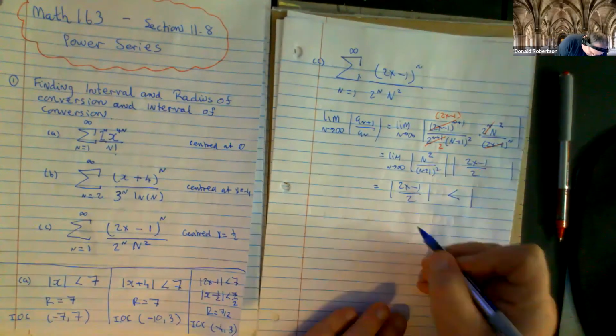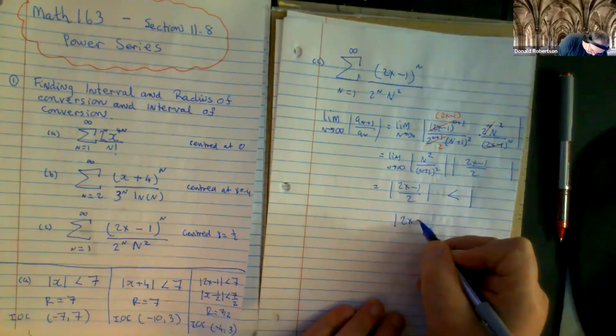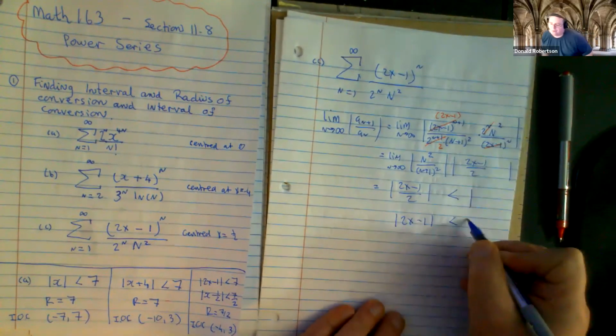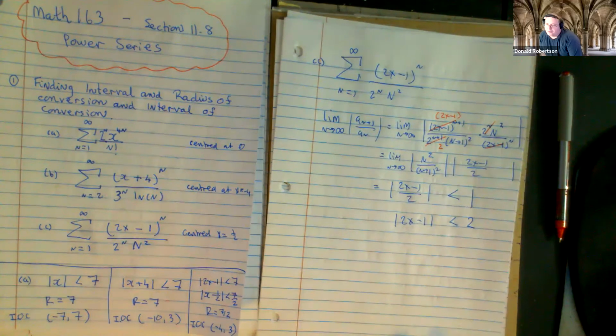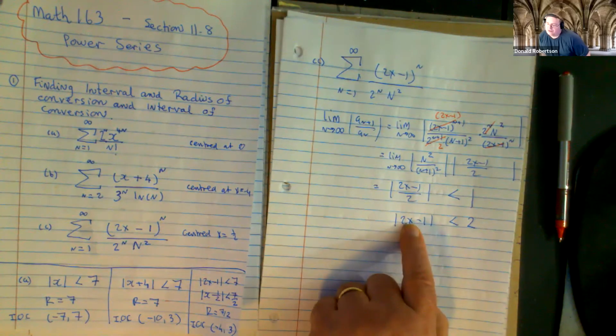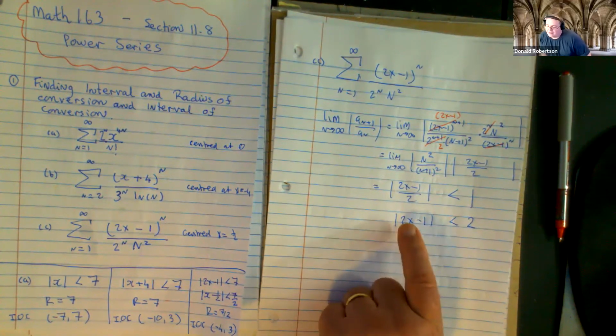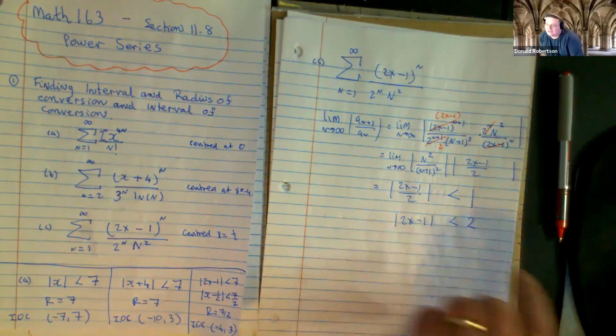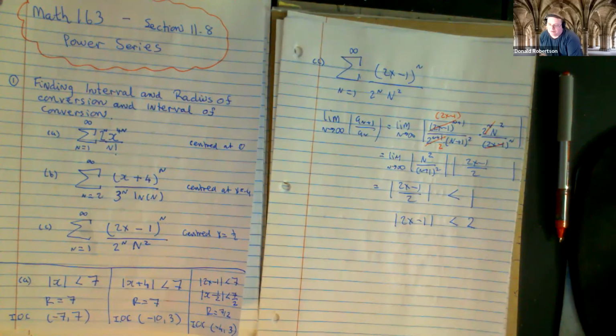First thing I'm going to do is multiply both sides by 2. But the radius of convergence is not 2. Do you notice this doesn't have an x? Doesn't this have a 2x? So we've got to figure out what to do to both sides to get this into the format that it needs to be to get the radius of convergence.